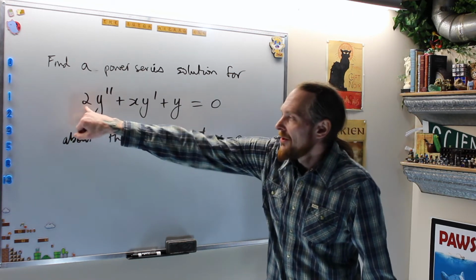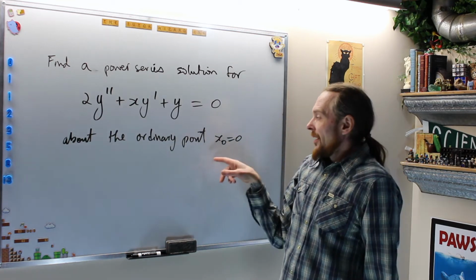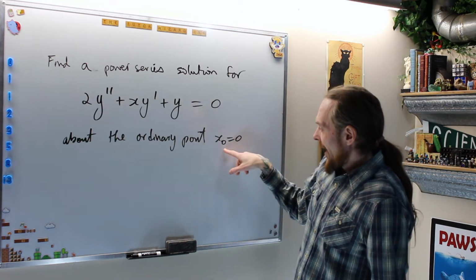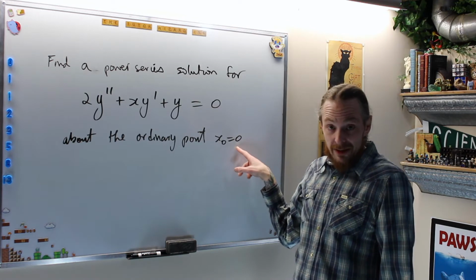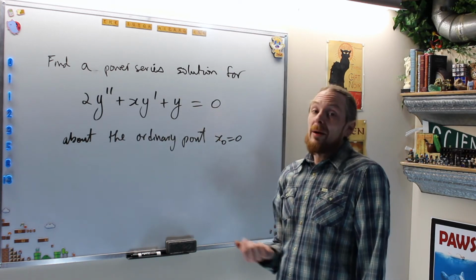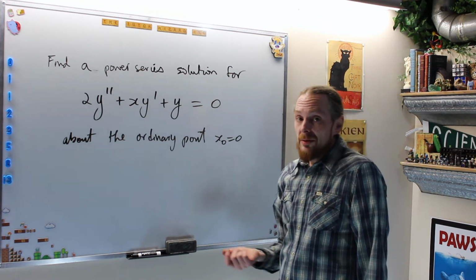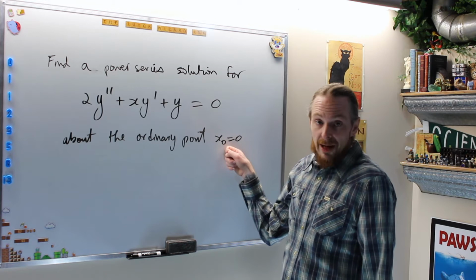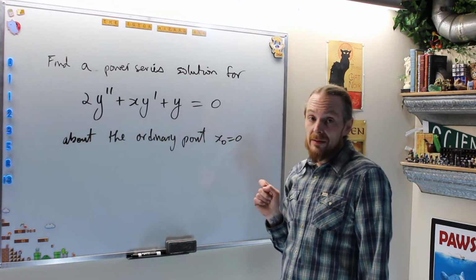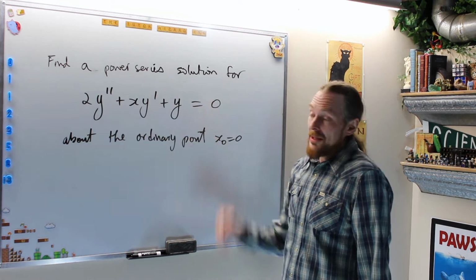My functions are 2 and x, and so even if I divide by that, x0 is an ordinary point, not singular. All the power series are going to be analytic, so there will be a power series solution, and there will be 2 linearly independent solutions, both with power series about x naught equals 0. So there will be 2 Maclaurin series I create from this ODE.